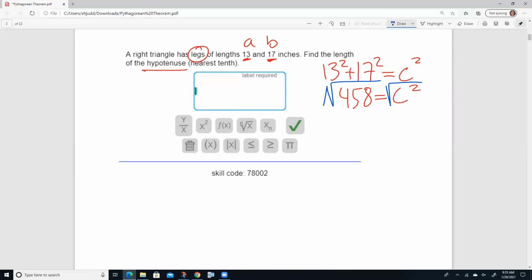Square root of 458 is 21.4009. And while I'm looking at this, I want to round to the nearest tenth, so that's the first digit after the decimal place. The 0 will make the 4 stay the same, 21.4.